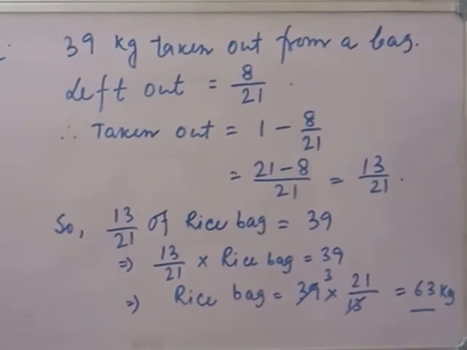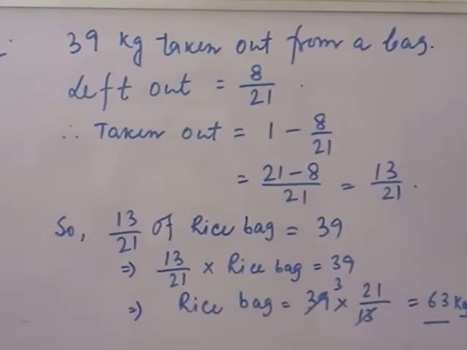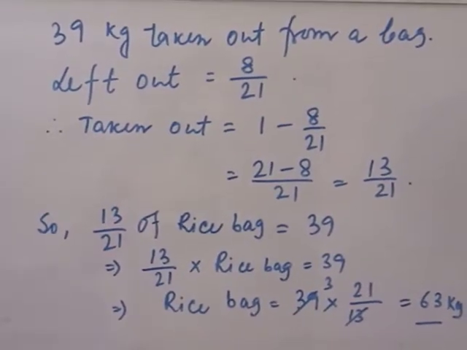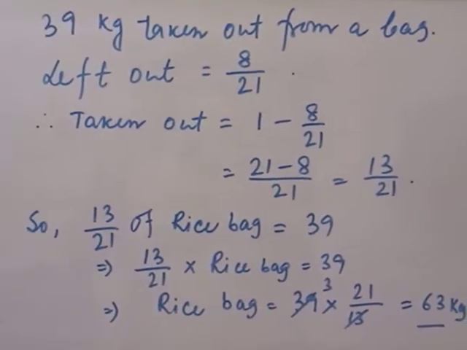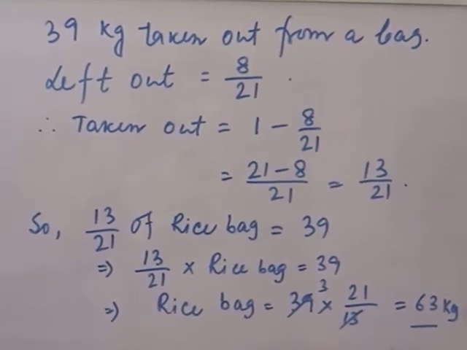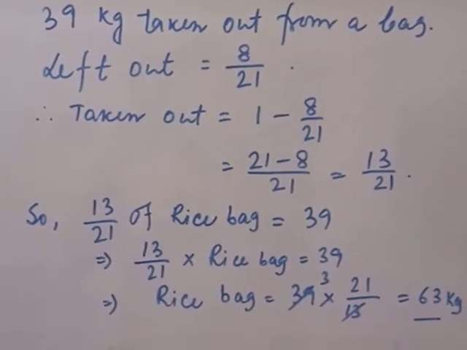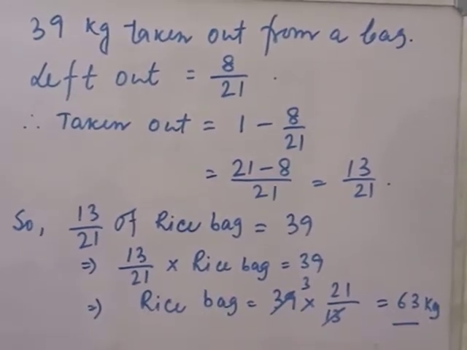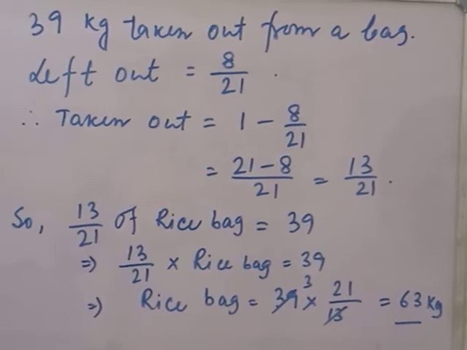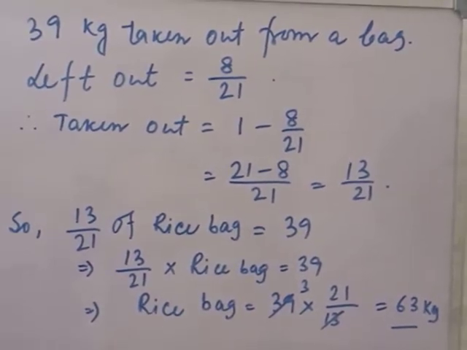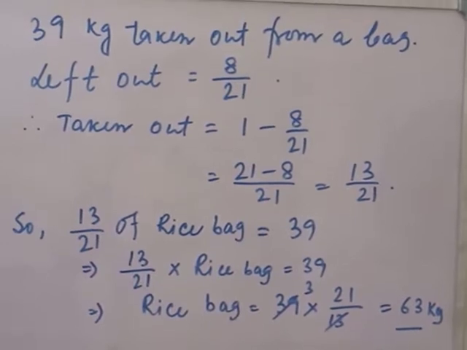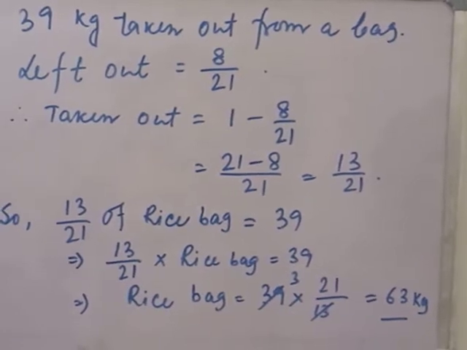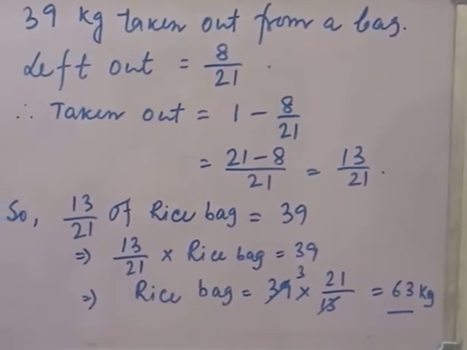Next, number 10. From a rice bag, 39 kg is taken out. Then what is left is 8 by 21 of the total. Now if the total portion is 1, then the taken out portion is 1 minus 8 by 21, because 8 by 21 portion is left in the bag. So 21 minus 8 by 21 is 13 by 21.